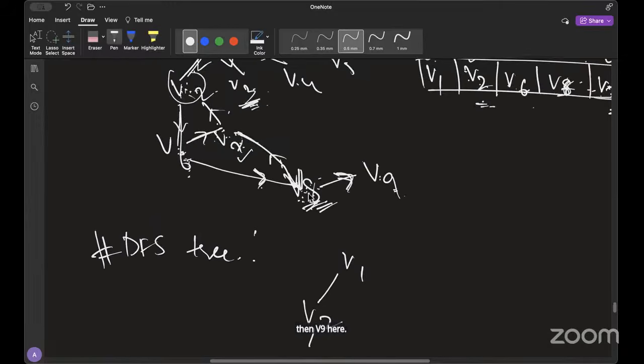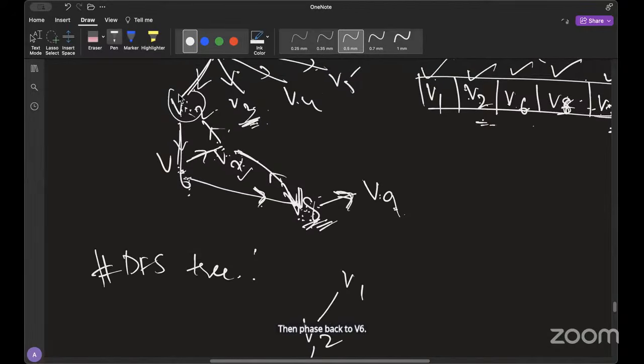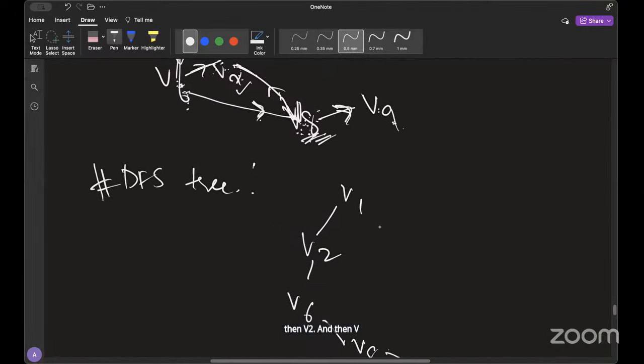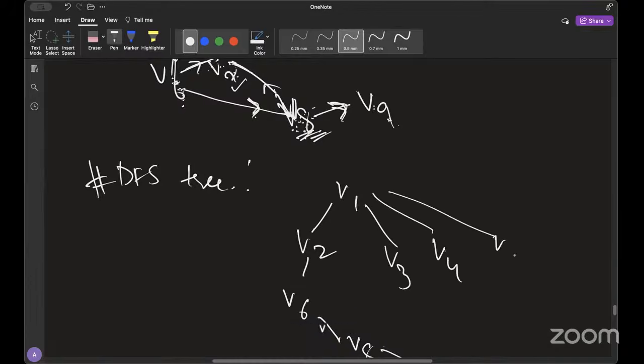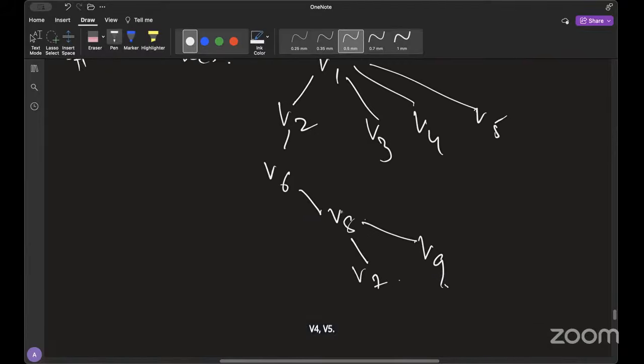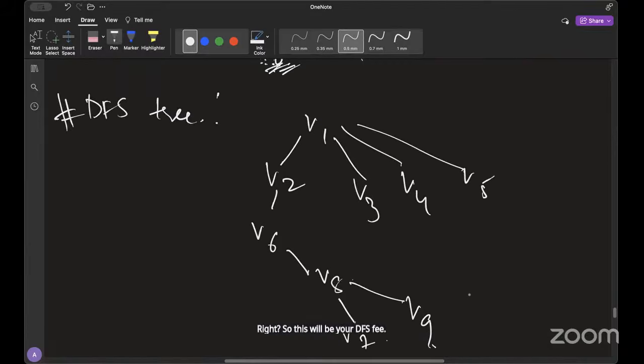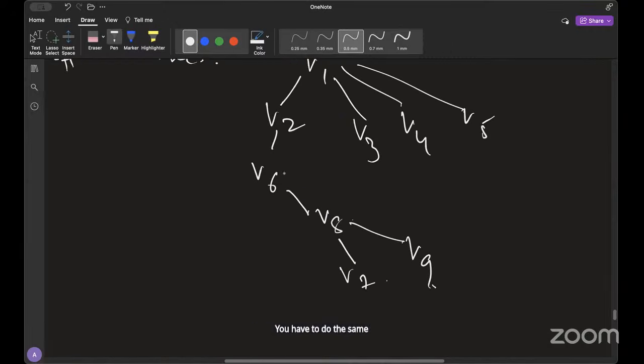Then trace back to V8, then back to V6, then V2, and then V1, right? And then V3, V4, V5. So this will be your DFS tree. Your DFS tree is drawn this way. You have to do the same things, but in depth order.